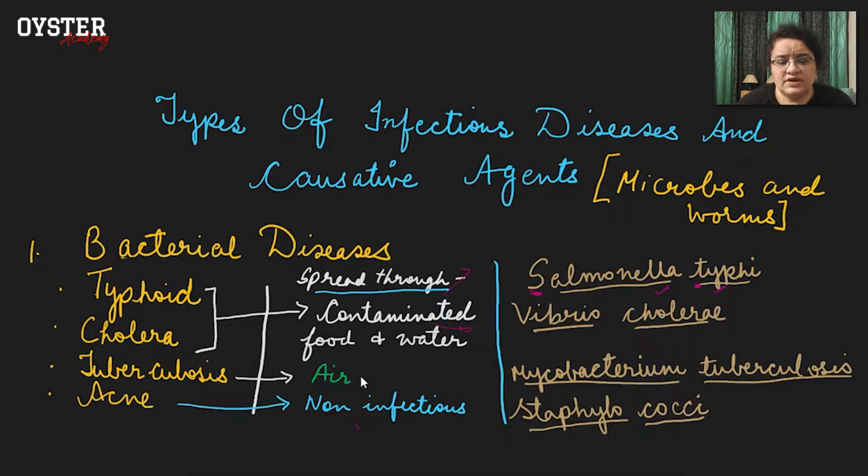These are rare cases, but generally the bacteria infect the lungs. It is spread through air. If a person coughs or sneezes, then this bacteria enters through the nose or nasal area and infects the lungs. So this was all about the bacterial diseases.